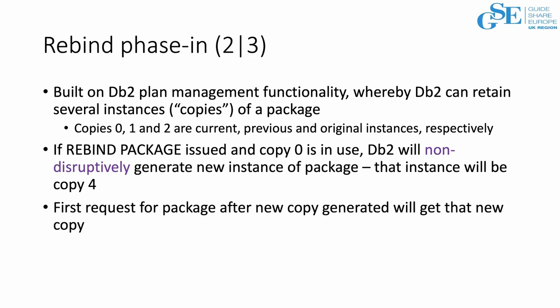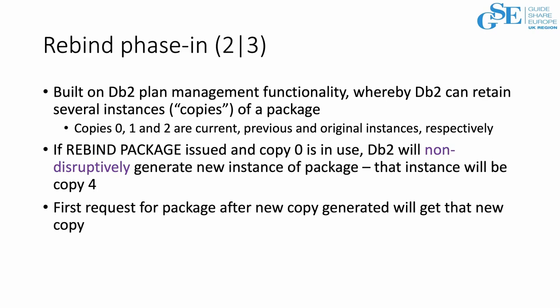With this, we keep up to 3 instances of any given package, which we refer to as copies. They're distinguished by numbers, with copy 0 being the most recent, copy 1 being the previous, and copy 2 being the original. So when you first bind a package, you're going to have the current one. Then if you rebind it again, you'll have the current plus the previous. And if you rebind it a third time, you'll have the current, previous, and original.